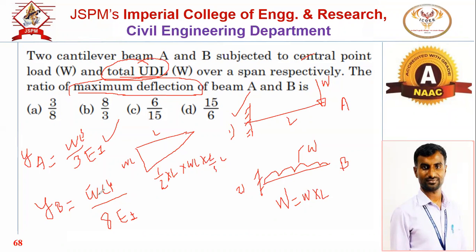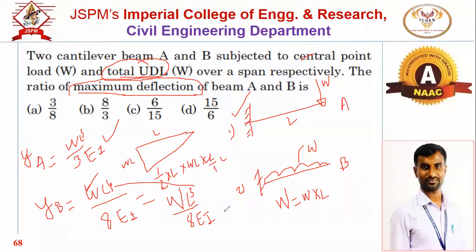So this W you have to replace with WL. What we get here is total load into L cube divided by 8 EI. Do you understand? If it is WL raised to 4, then this W is the intensity of UDL. And if you consider the total UDL, that is nothing but WL. So this L raised to 4 will be reduced to L cube.